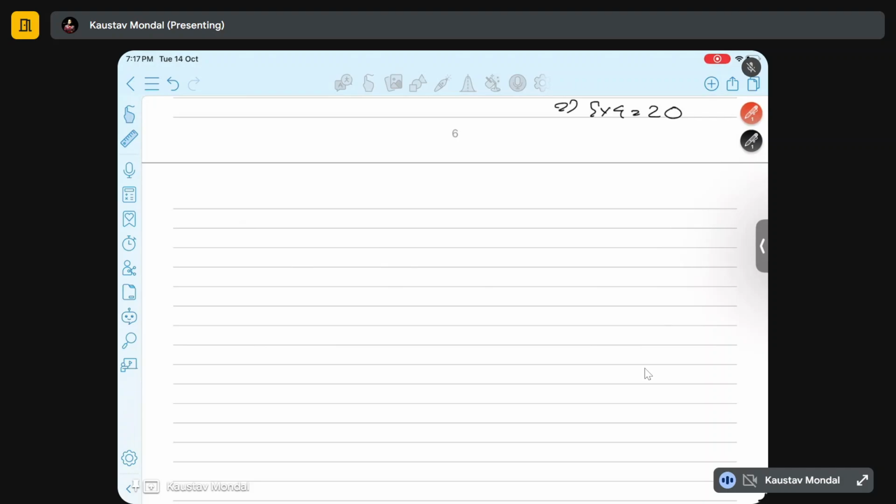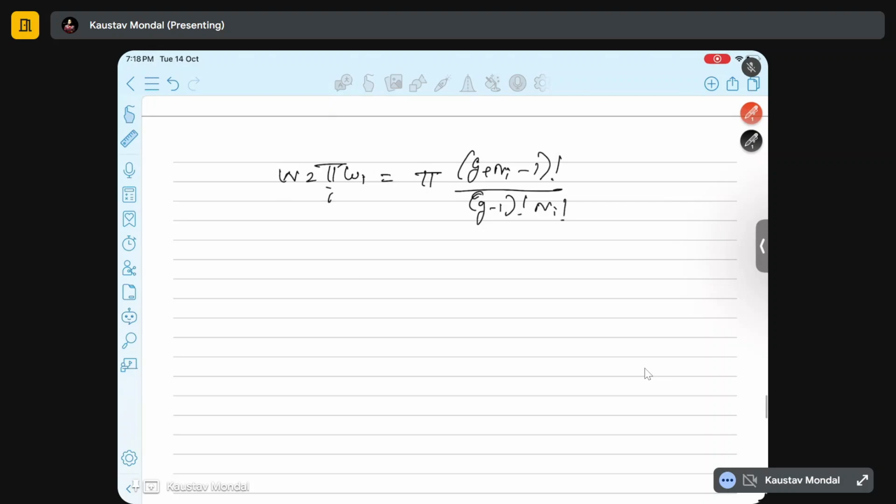For each of the boxes there would be some configuration W, so the total W would be the multiplication of all the W's: the product of (g plus i minus 1) factorial over (g minus 1) factorial into i factorial. Now we have to find the distribution of particles which would maximize this W.